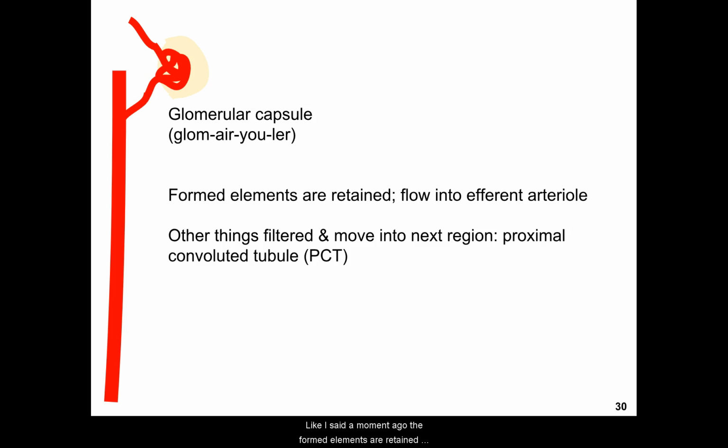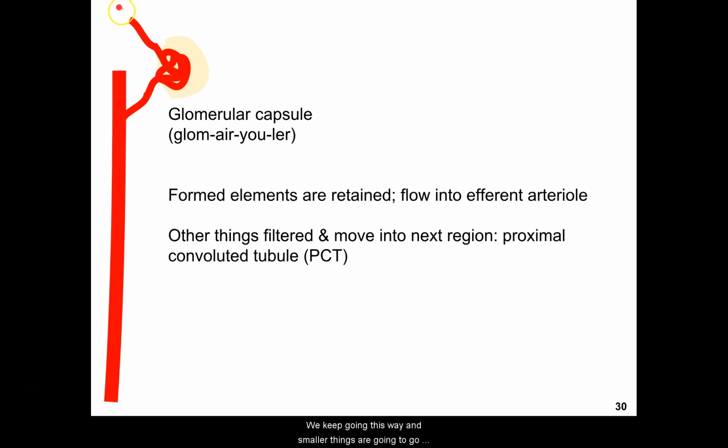So, like I said a moment ago, the formed elements are retained in the glomerular capsule. They flow into that efferent arteriole. And other things are filtered out into the next region. So this next region is going to be over here. This is called the proximal convoluted tubule, or the PCT. And like I said, large things like formed elements get stopped here.